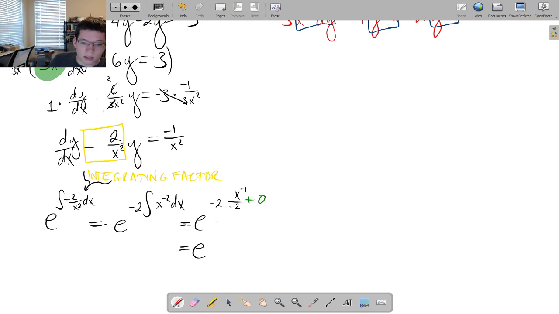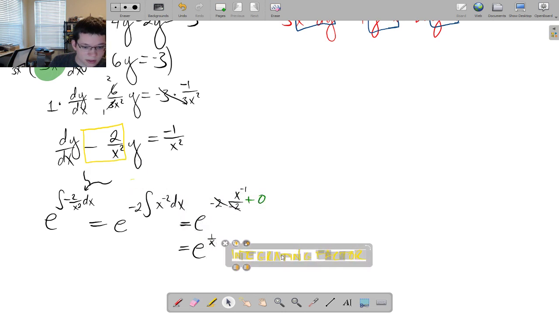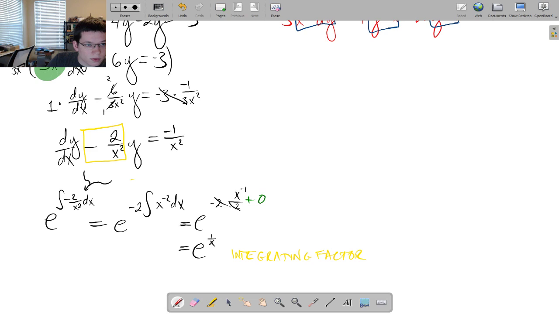So this becomes e to the 1 over x. And that's going to be our integrating factor. So I'll correct this. That's not the integrating factor. This is the integrating factor. We just use this part right here to find our integrating factor.